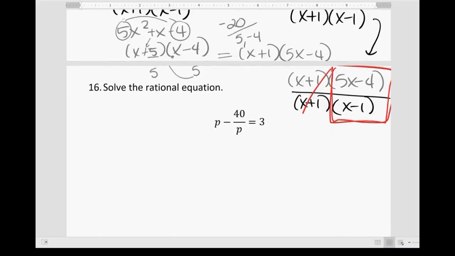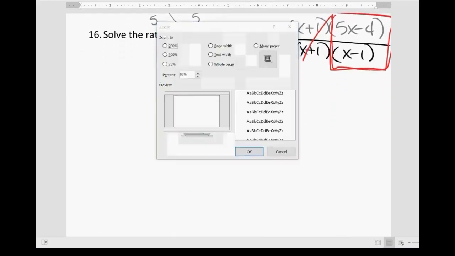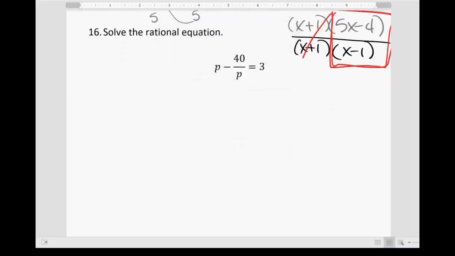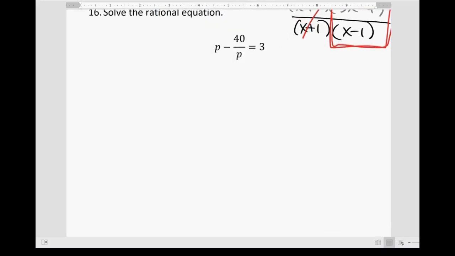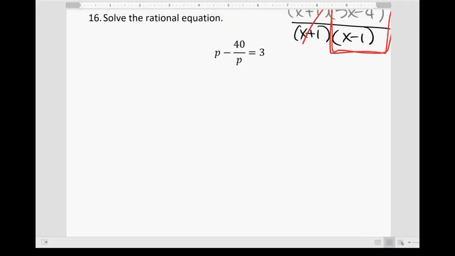Okay, let's do this problem, solving the rational. So now we're solving a rational equation. There's a few ways you can do this.